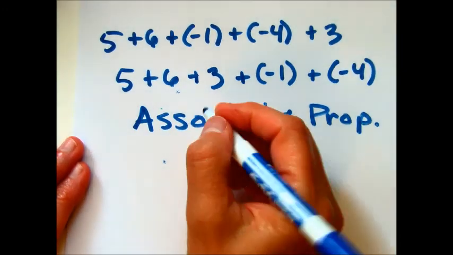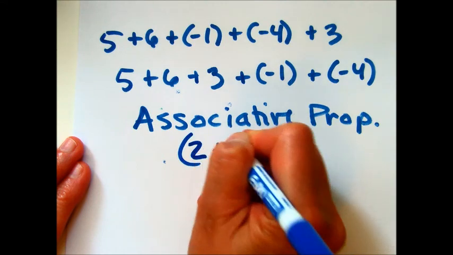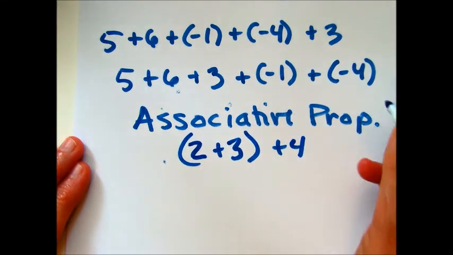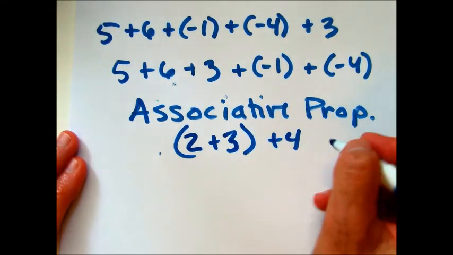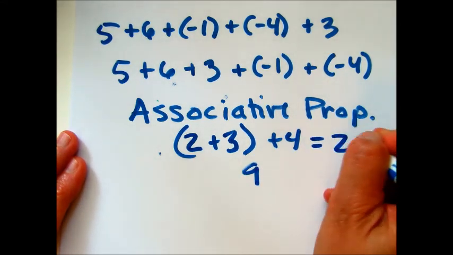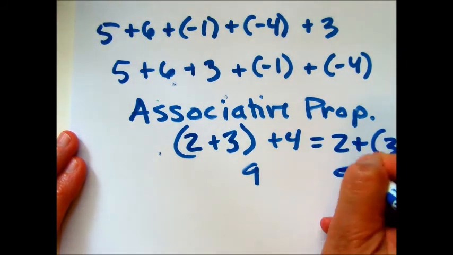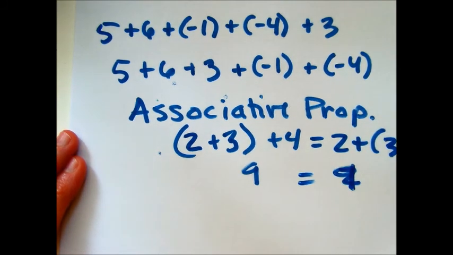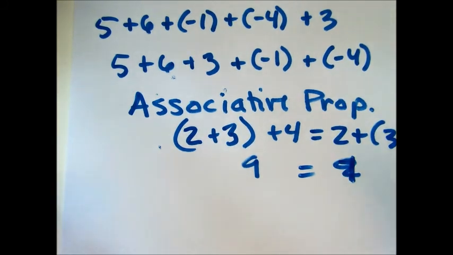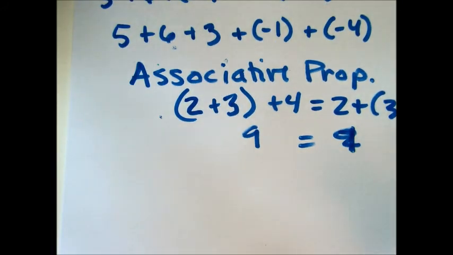So for instance, if we had like 2 plus 3 plus 4, that's 5 plus 4, so that's going to give us 9. Well, we can instead say 2 plus the group of 3 plus 4, because 3 plus 4 is 7 plus 2 is 9. So you're going to get the same result. So we can change the grouping symbols, or we could create grouping symbols.